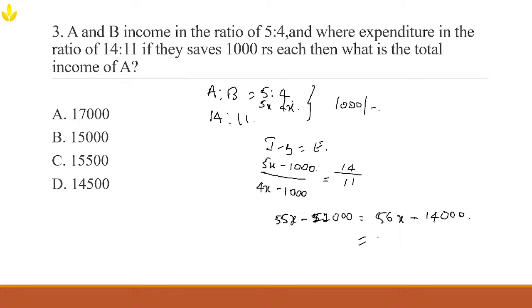So you will get 56 minus 55, which is x, equals 14,000 minus 11,000, which is 3,000 rupees. The income of A is asked, that is 5x. The x value is 3,000, so 5 into 3,000 is 15,000 rupees. So the income of A is 15,000 rupees.